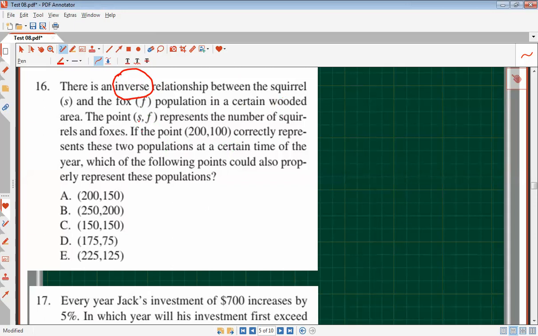The point (S, F) represents the number of squirrels and foxes. If the point (200, 100) says about these two populations at a certain time of the year, which of the following points could say about these populations?